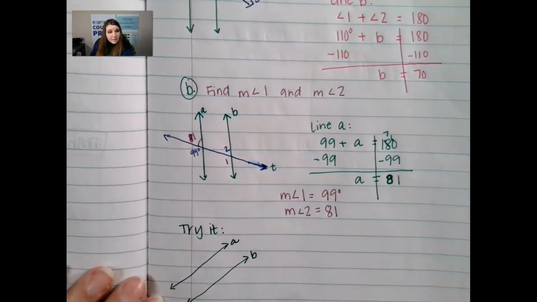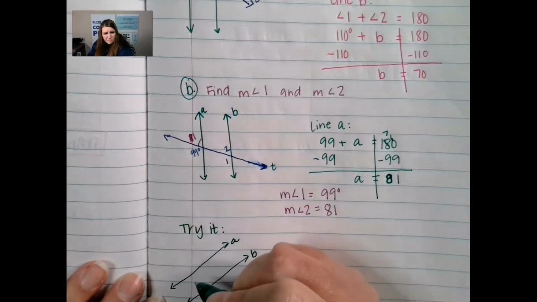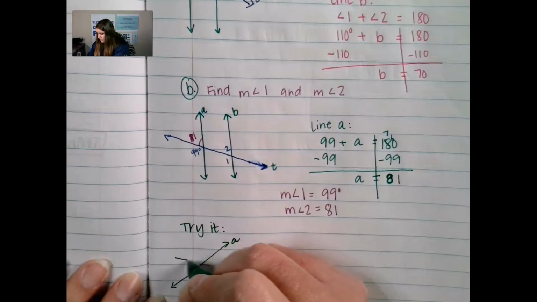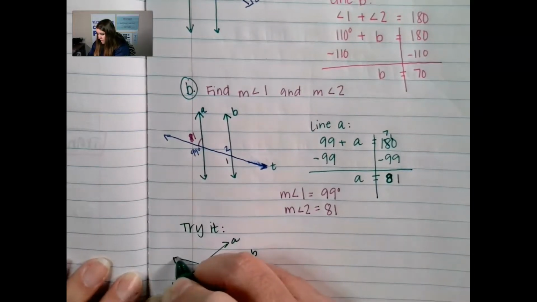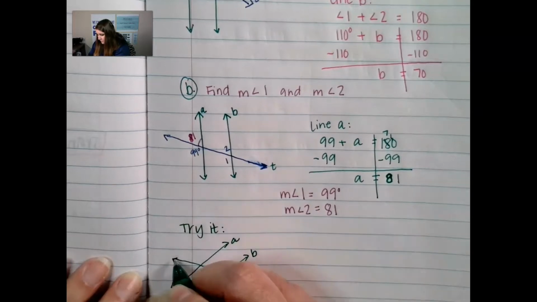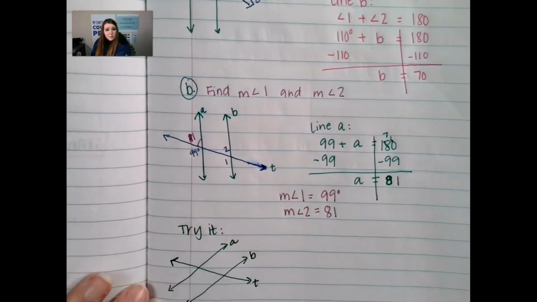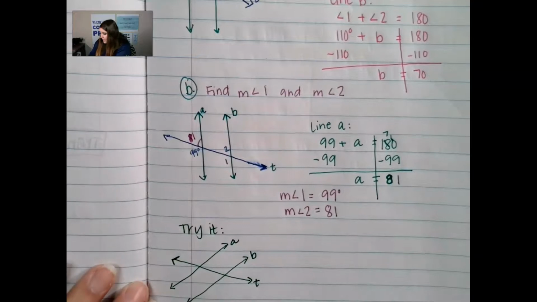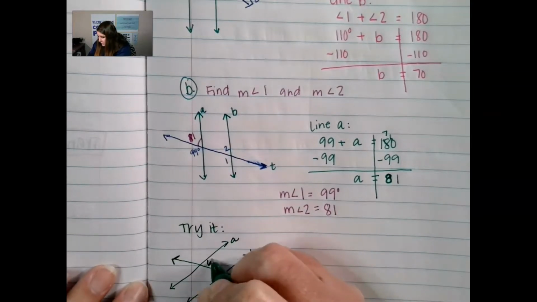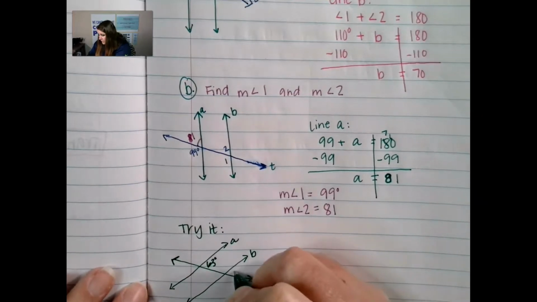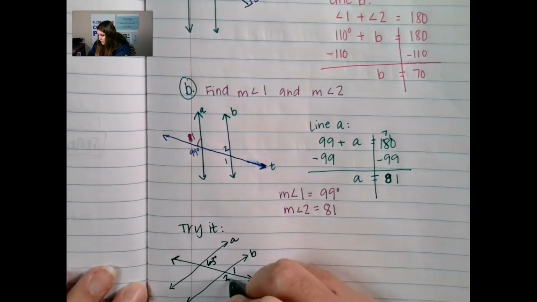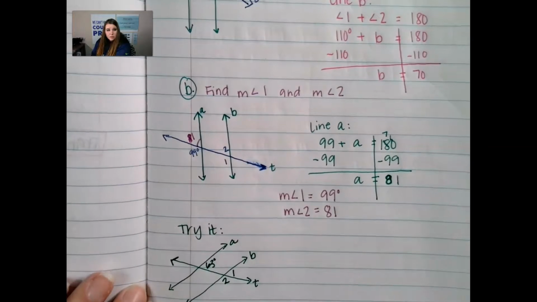And then it is cut like this by line T. Okay, so by line T. And they say that this angle is 63 degrees right there. And they want to know what is angle 1 and what is angle 2.